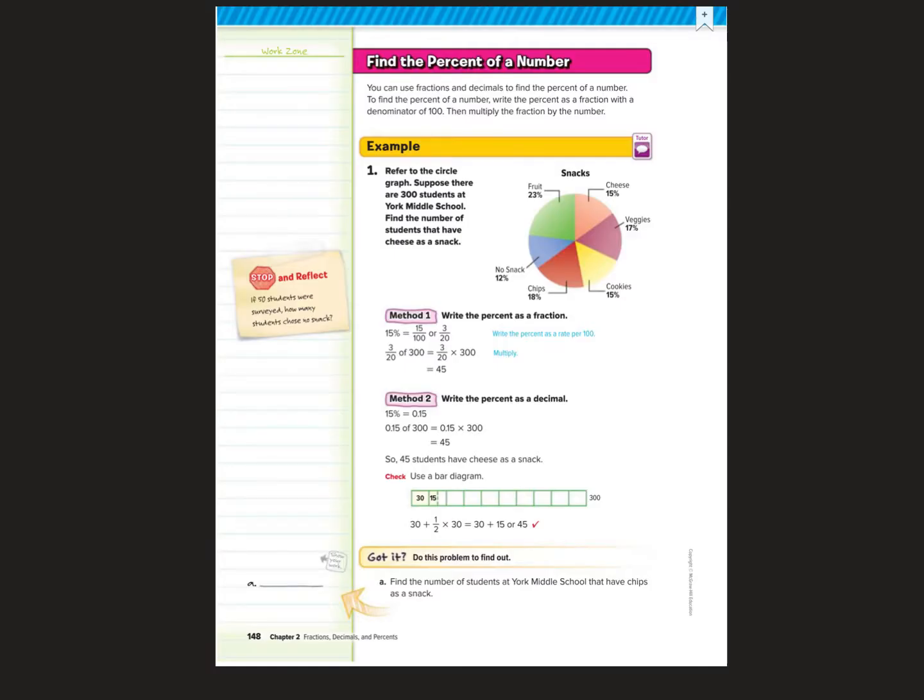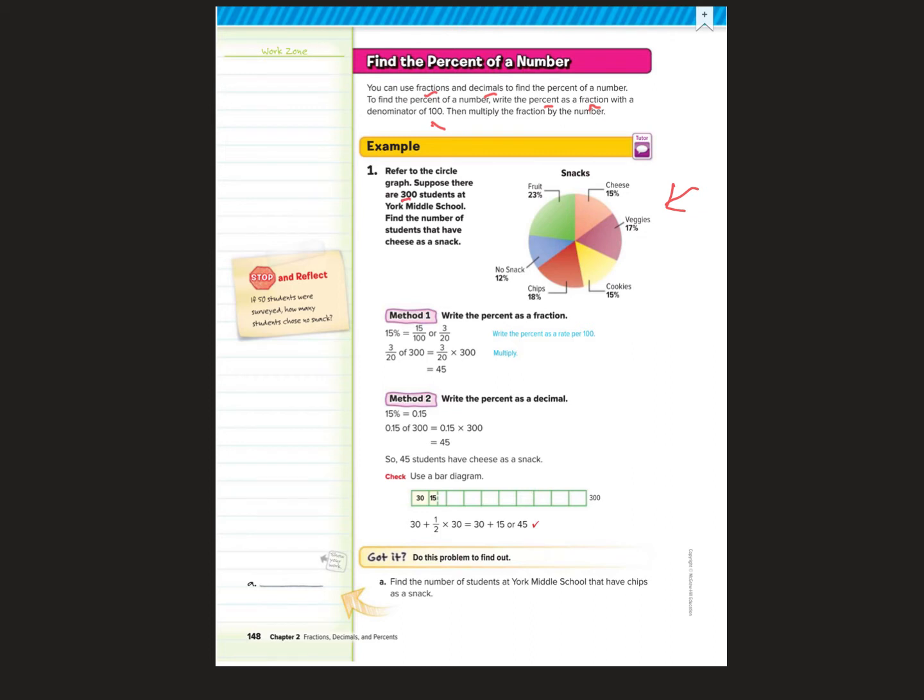All right, so here it says you can use fractions and decimals to find the percent of a number. To find the percent of a number, write the percent as a fraction with a denominator of 100. Then multiply the fraction by the number. Refer to the circle graph. Suppose there are 300 total students at York Middle School.